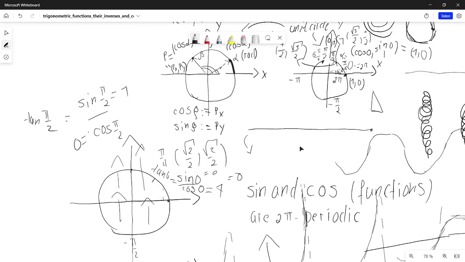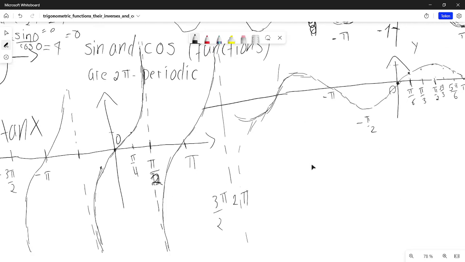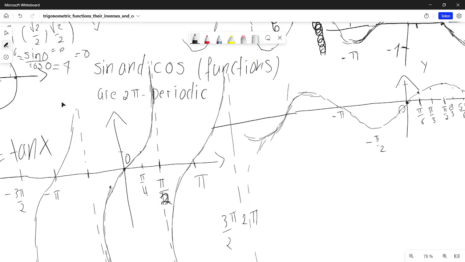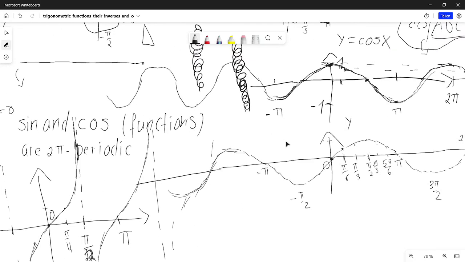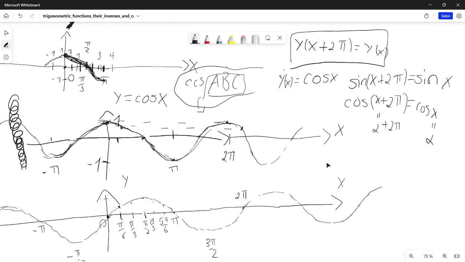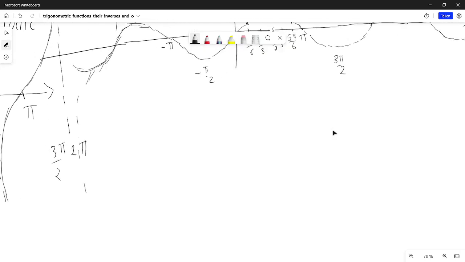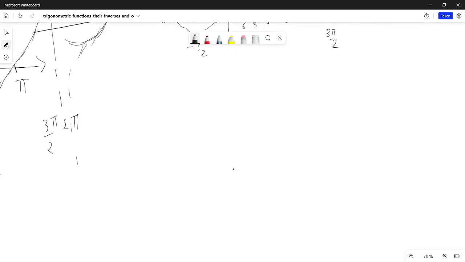Solve the mystery. What is that? Well, it's actually very simple. What is the goal of an inverse function?